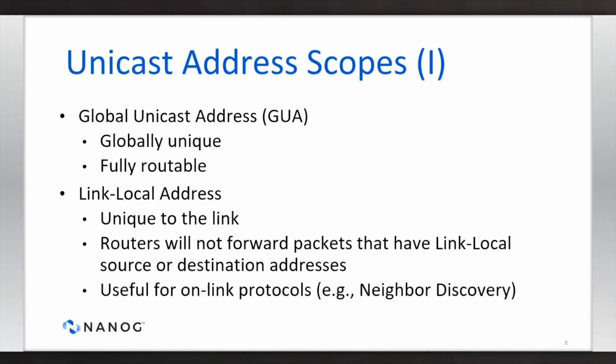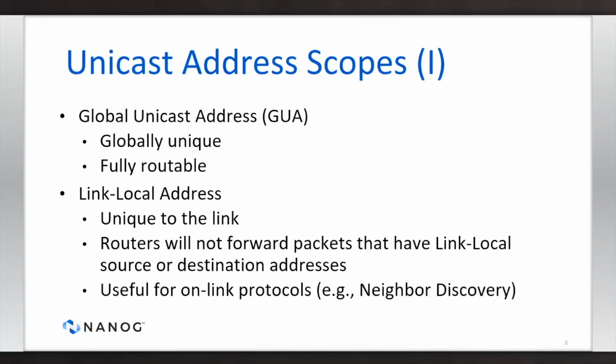Now, does that mean they're all the same interface? Does it mean they're multicast, anycast? No, it doesn't. What it means is the scope of that address is limited to the interface.